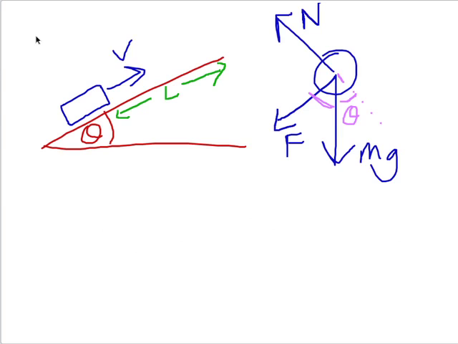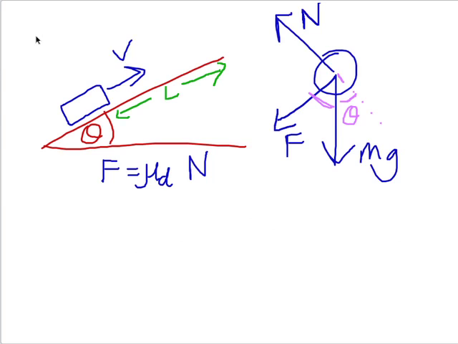What is the friction force? It's moving. And when something is moving, the friction force is the coefficient of dynamic friction, I'll just call it mu from now onwards, times the normal force. What's the normal force?